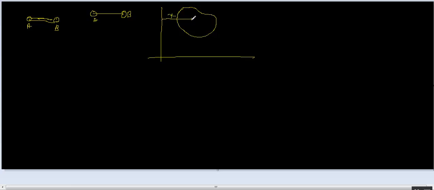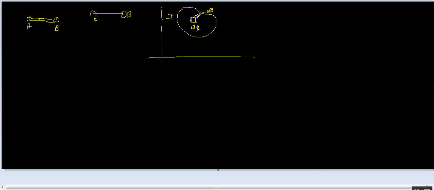Let's suppose this is a dx element, the elemental dx, and its mass is dm. At this portion the mass is dm.